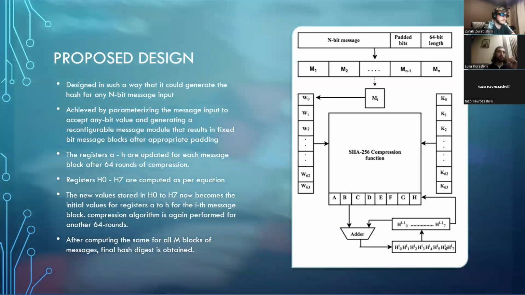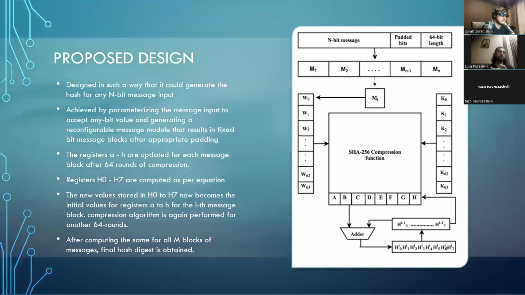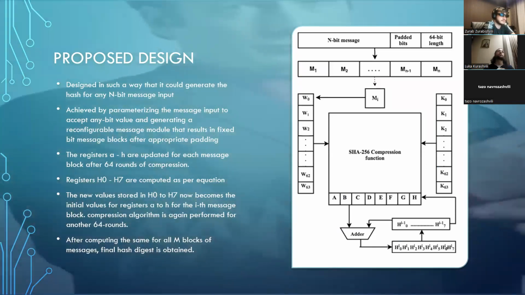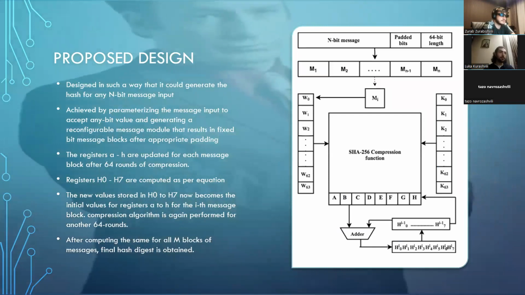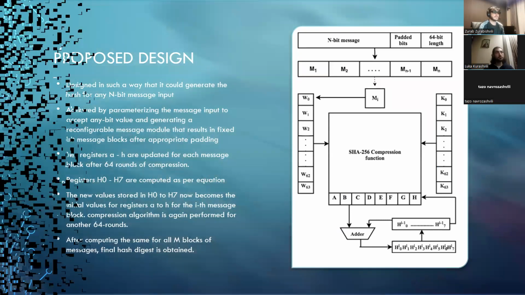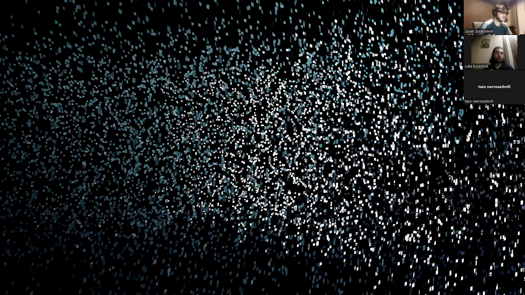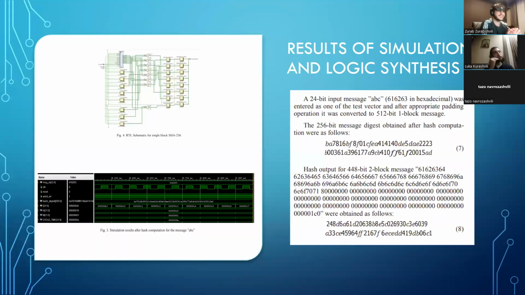The proposed architecture was designed in Verilog HDL and simulated using the ModelSim RTL simulator. The Xilinx Vivado 18.2 design suite was the software tool used for logic synthesis in FPGA. We have several tables which represent the measurements taken.